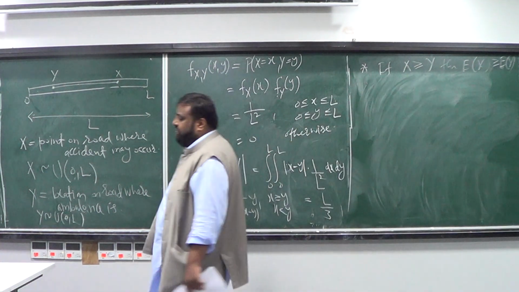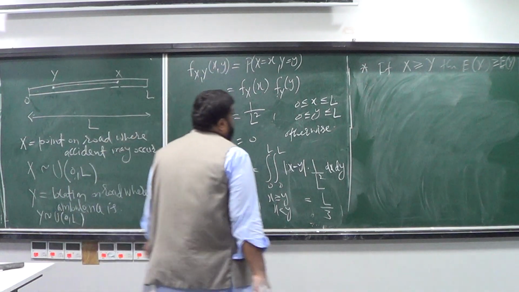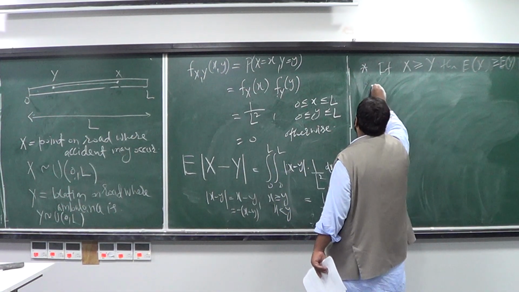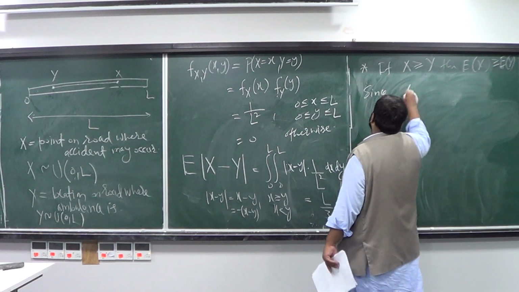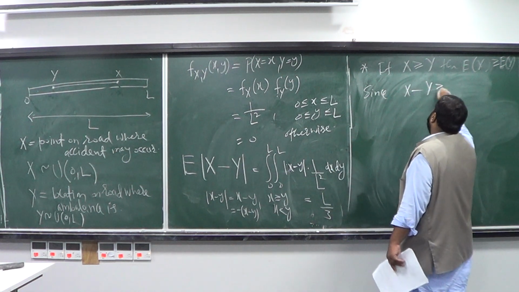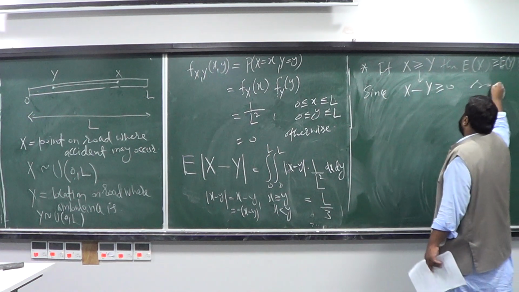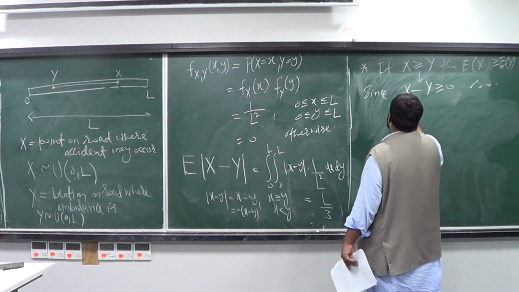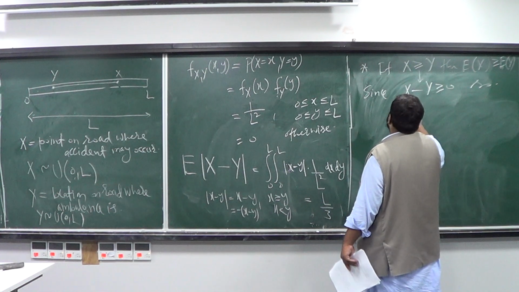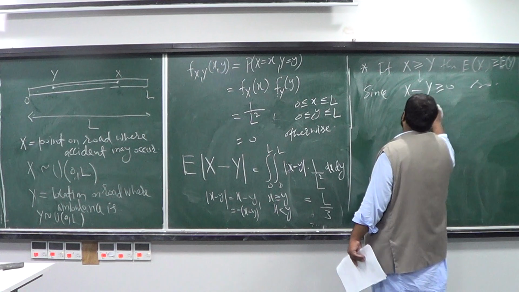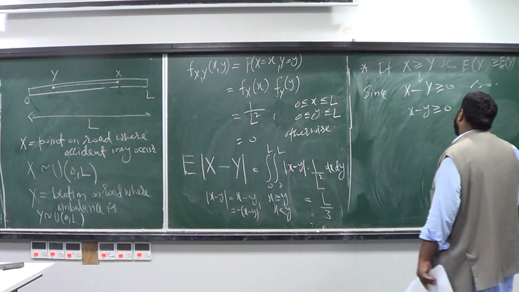One way to show it is that since x minus y is bigger than or equal to 0, the values that x minus y takes should also be bigger than or equal to 0.